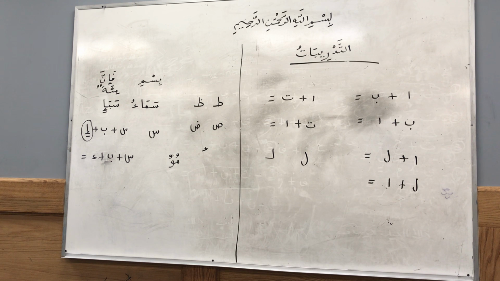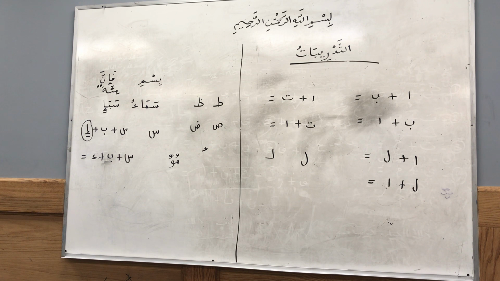Okay, you got it, but you have a problem with the Ba. Exactly, that's correct. Good job, MashaAllah. Where's the Hamza? I didn't put it there. No, you have to put it there.